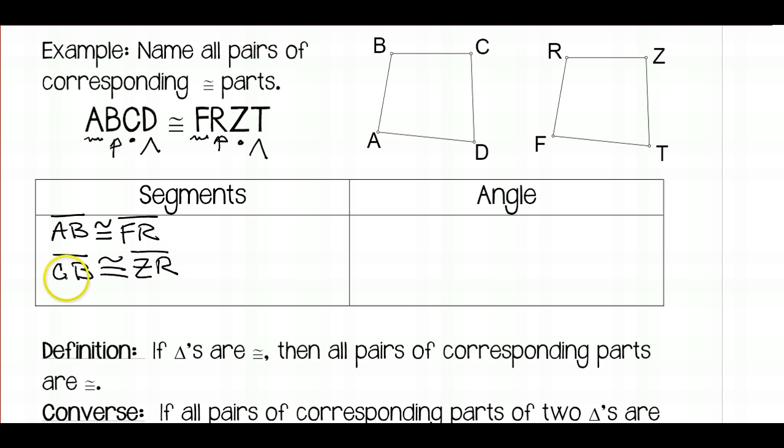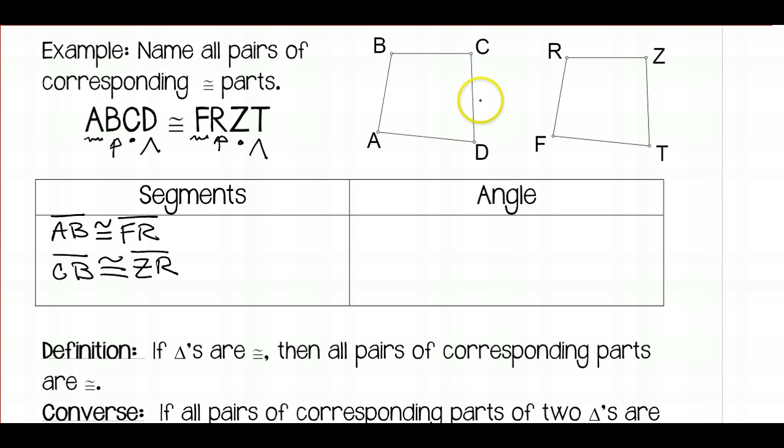Now, most of the time it's not going to really matter the way that you name these, but when we start trying to prove triangles congruent and other figures congruent, it's going to be important for us to name them in a corresponding order.